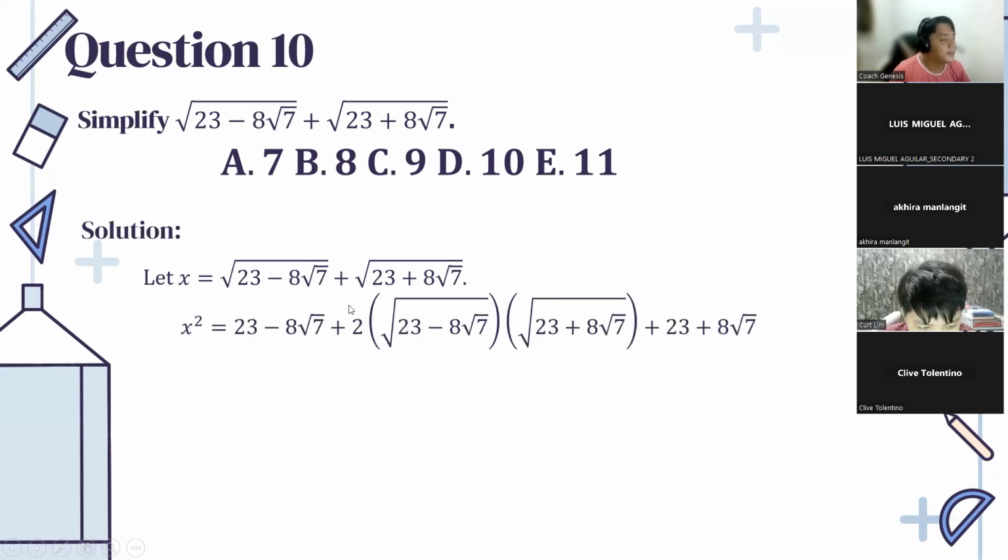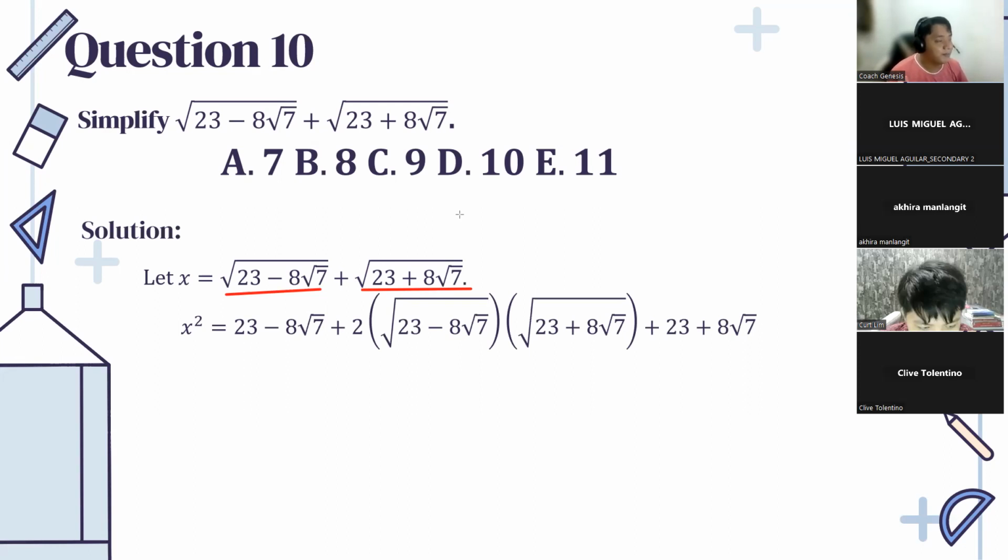Okay, now, so the decision to square both sides is just to get rid of the radicals. Because since you have square roots, you must square both sides.